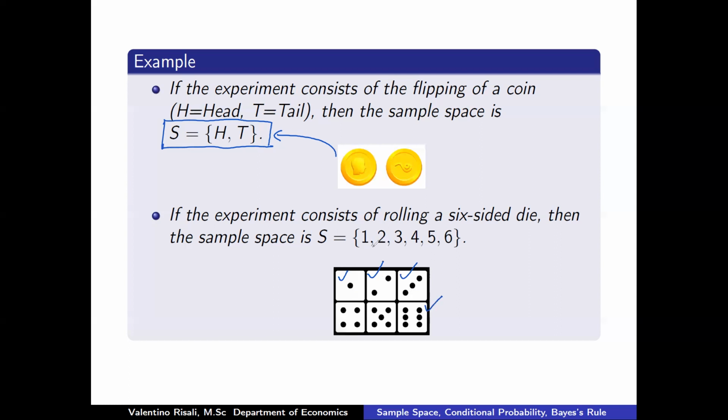So in this experiment, our sample space is the set S, which contains 6 elements. They are 1, 2 until 6. These are two basic experiments, and we are familiar with them.